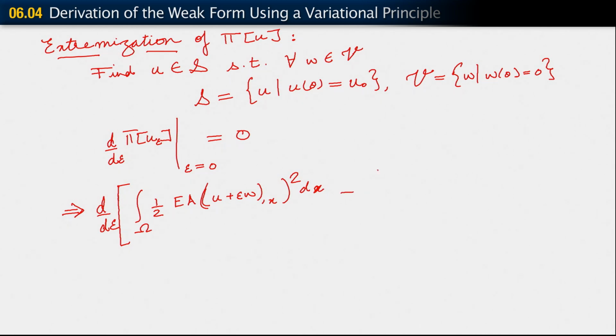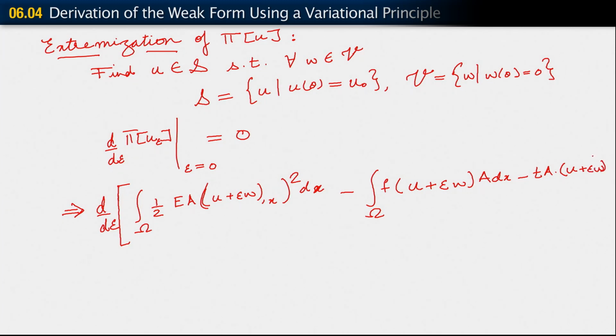minus integral over omega f times (U plus epsilon W) A dx minus T A times (U plus epsilon W).